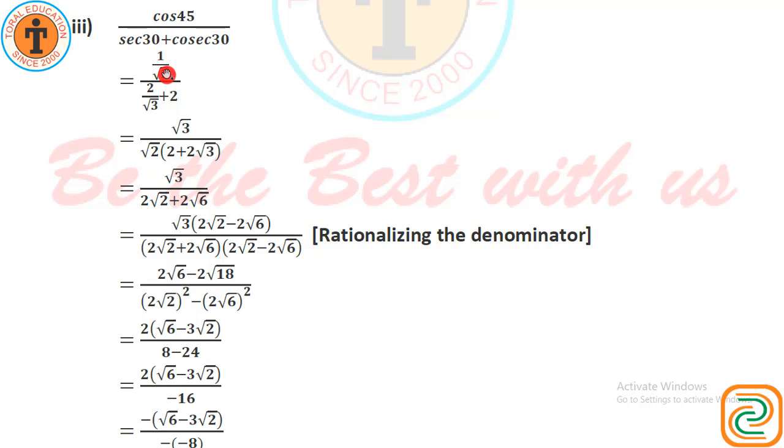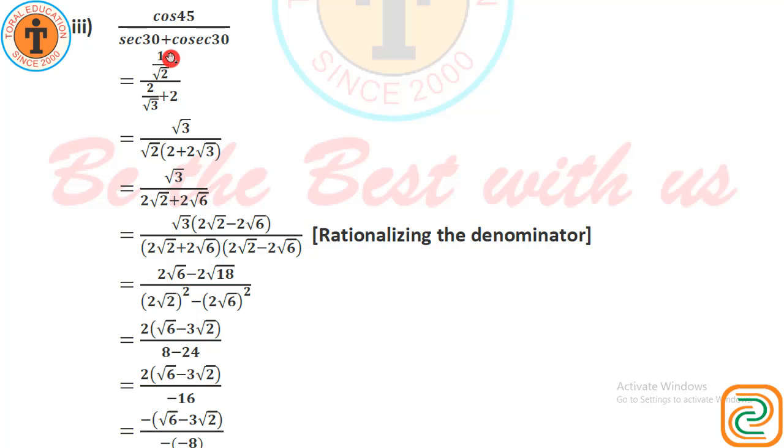Look, root 2 will go to the denominator and root 3 will be taken as LCM and multiplied by 2 and will go to numerator. Here is root 3. This root 3 is here and 1 will be multiplied with root 3. So root 3, and it is 2 plus 2 root 3 LCM, and this root 2 is here.